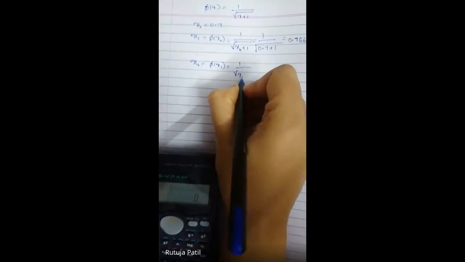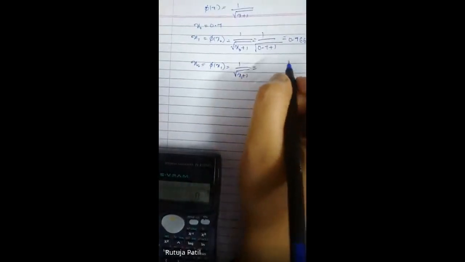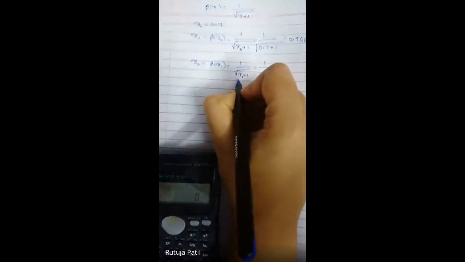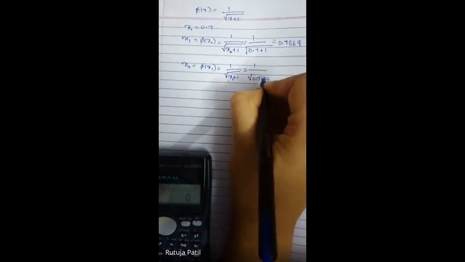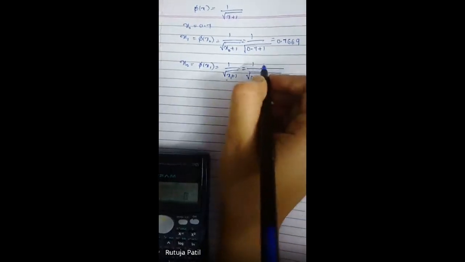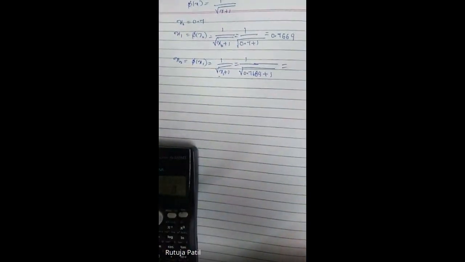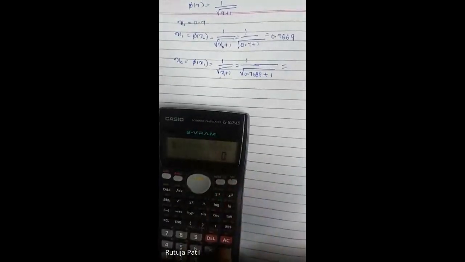Similarly, find the x2 value, that is psi of x1: 1 divided by square root of x1 plus 1. So 1 divided by the square root of 0.7669 plus 1, the x1 value we found in the previous iteration. Just substitute in the calculator.